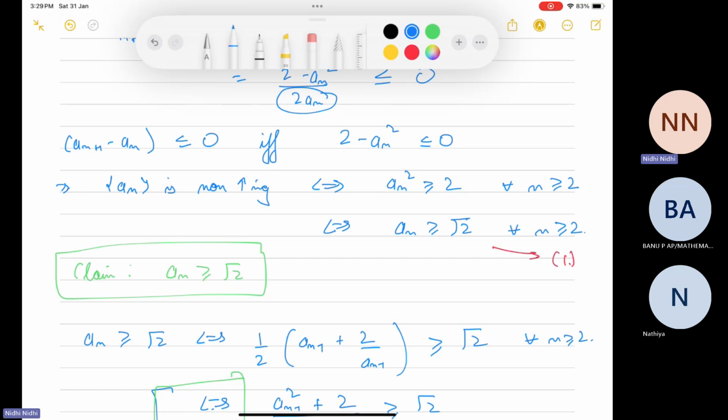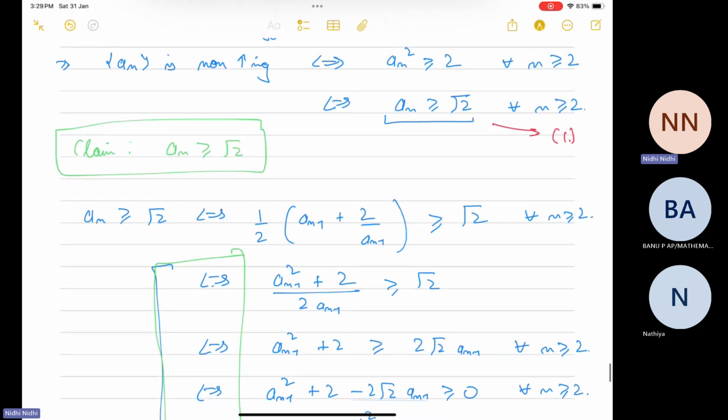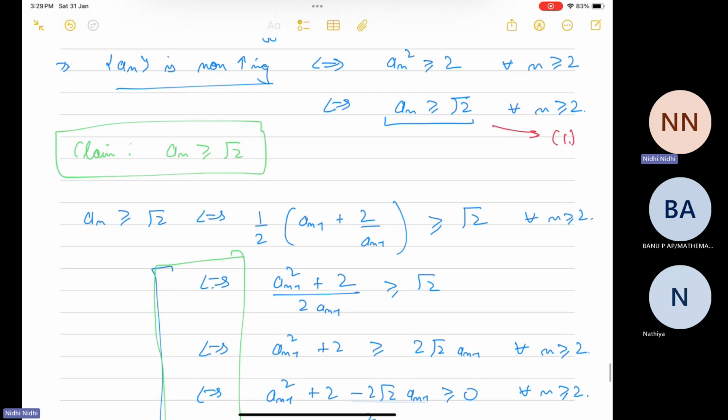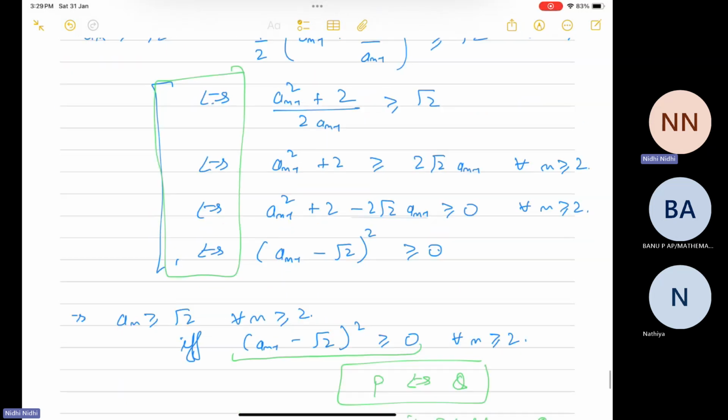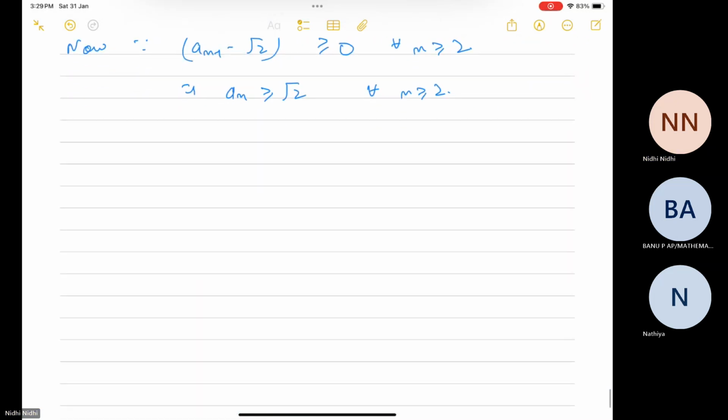Therefore, by equation 1, since an greater than equal to root 2 if and only if the sequence is non-increasing, both the statements should occur simultaneously. Now since we have proved that an is greater than equal to root 2, therefore by equation 1, the sequence an is non-increasing.